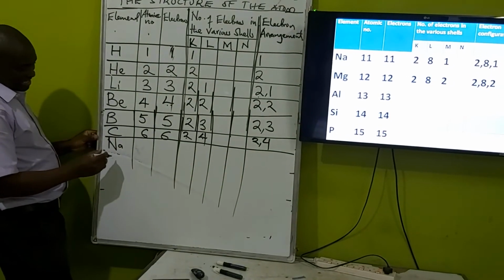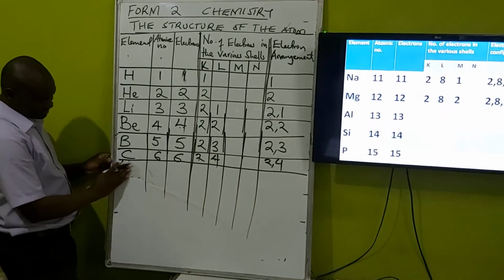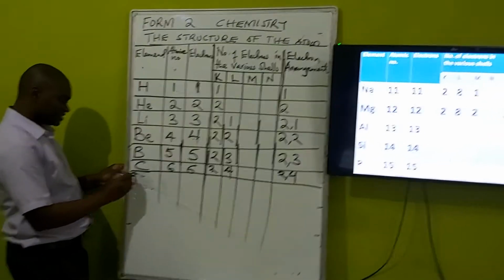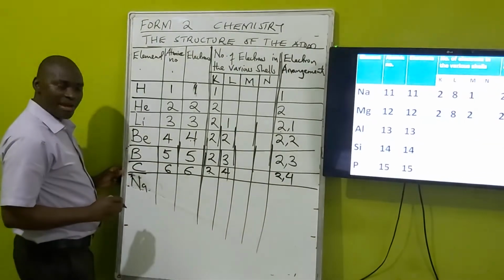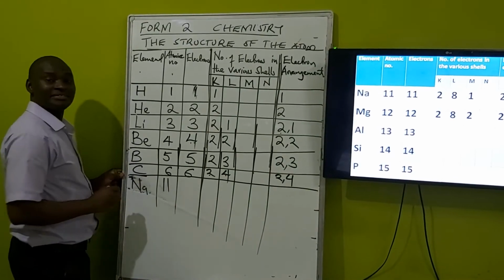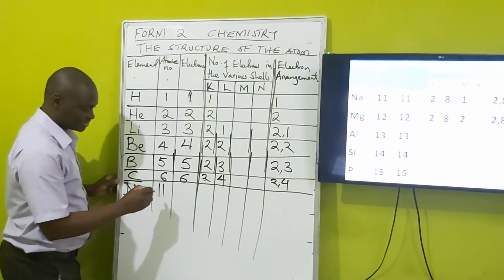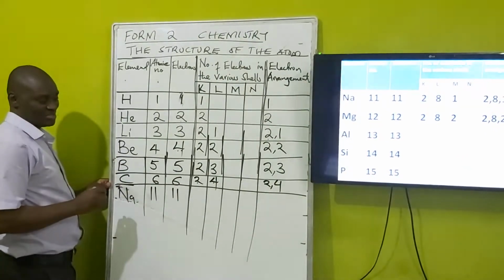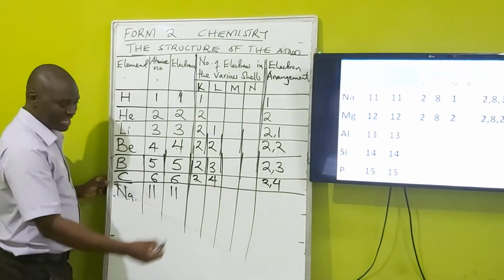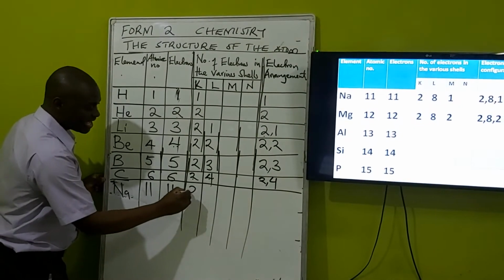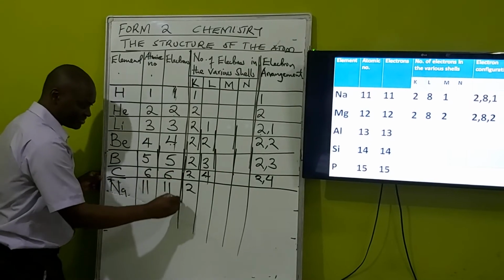Sodium is number 11. How many electrons? 11 electrons. The first 2 electrons will move to the first energy level.